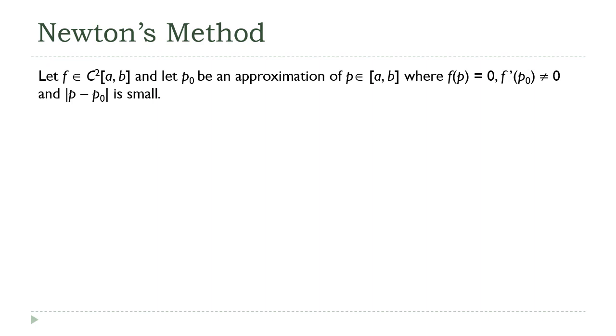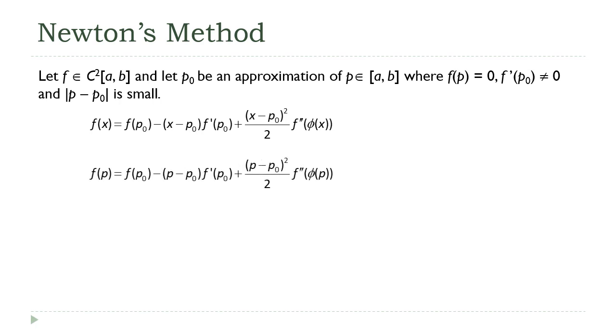All right, so with all that out of the way, let's take a look at the Taylor series of this function. And I'm going to expand that around our approximation p0. Now, the next thing I'm going to do, I'm going to evaluate this function at p. So every x gets replaced with a p. From here, remember that p is the actual root. So f of p over on the left-hand side is equal to 0.